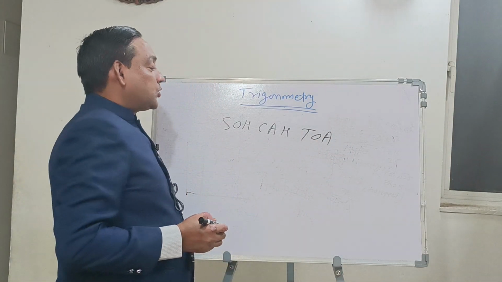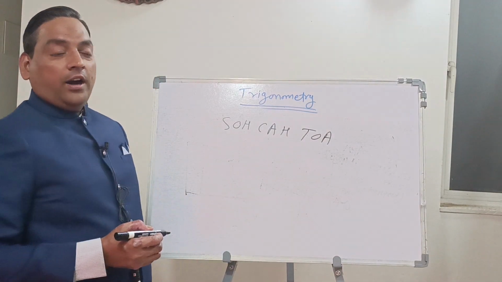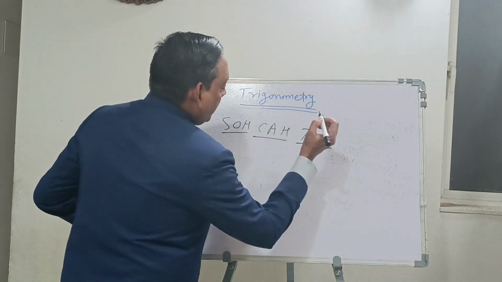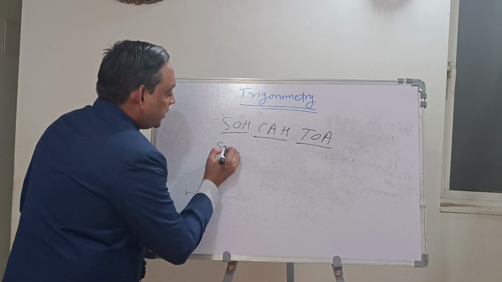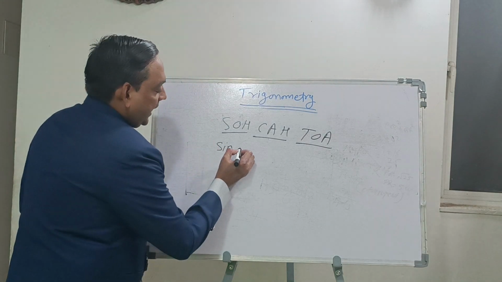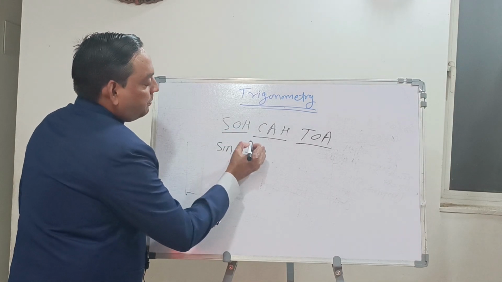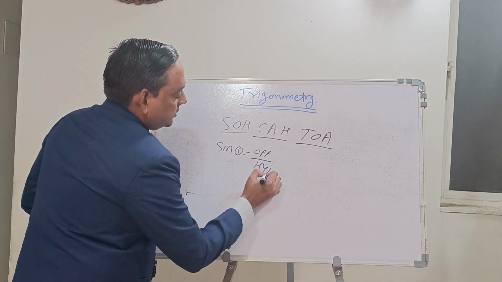What is SOHCAHTOA? See the first one. S means sine. Sine theta is equal to opposite upon hypotenuse.